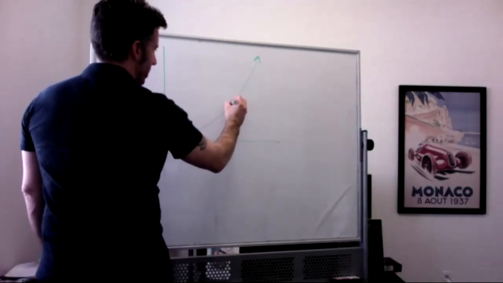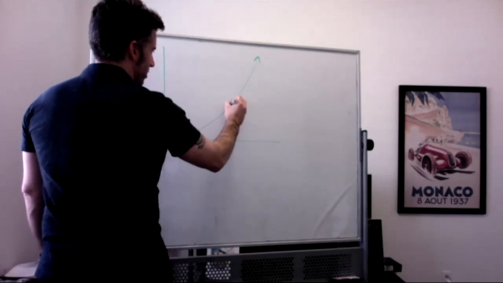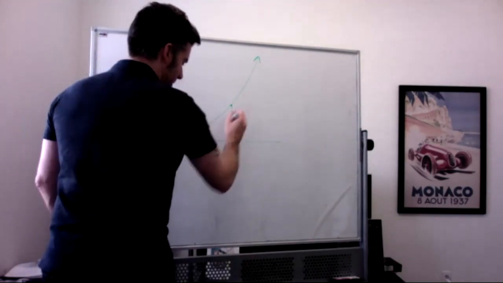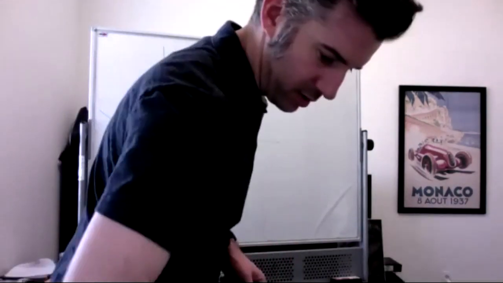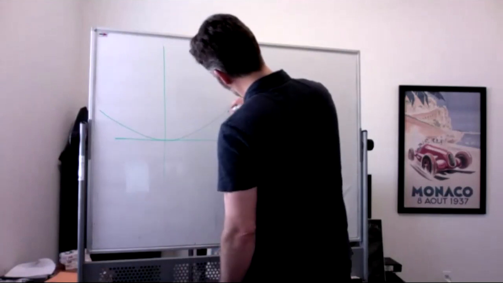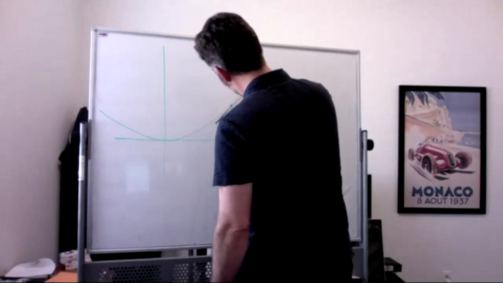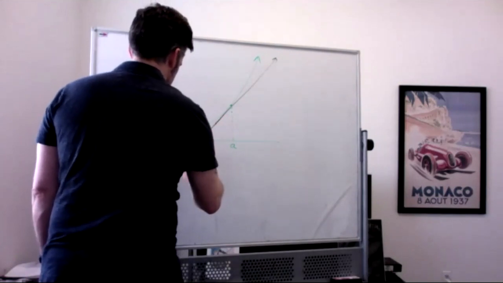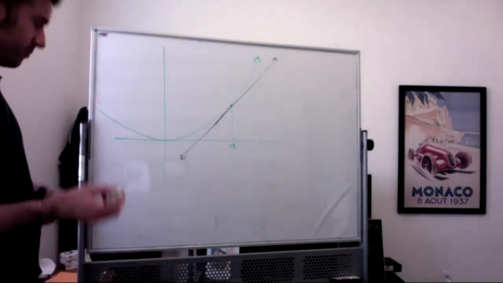And we are interested in, so again, this is our point A. And I'm going to draw the tangent line, and we're going to pray it looks good. Okay, so here's the idea.